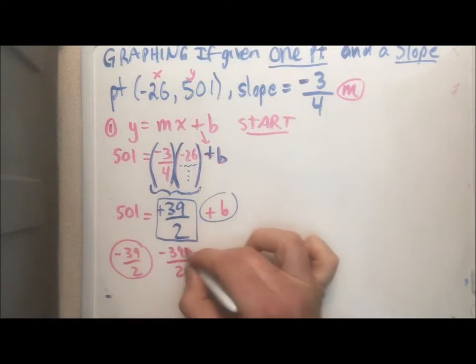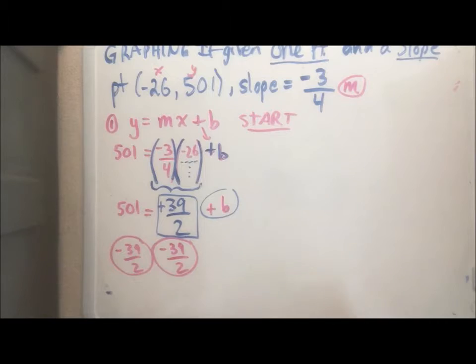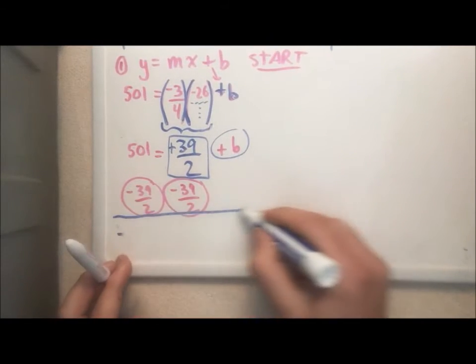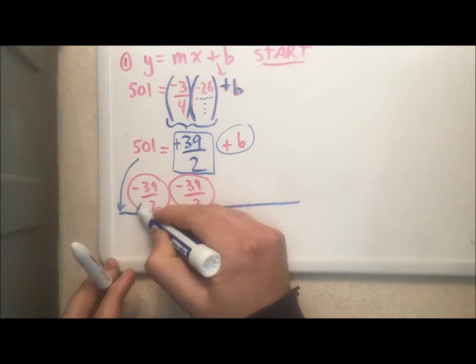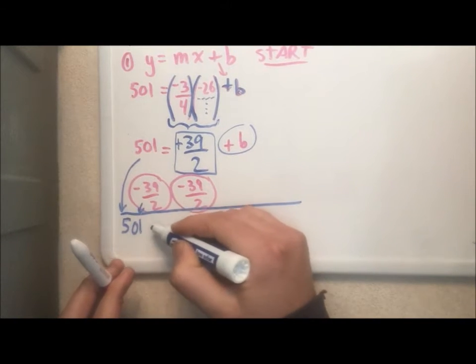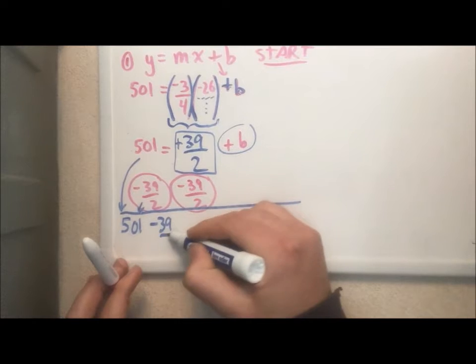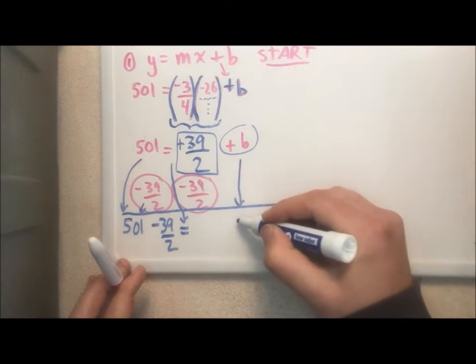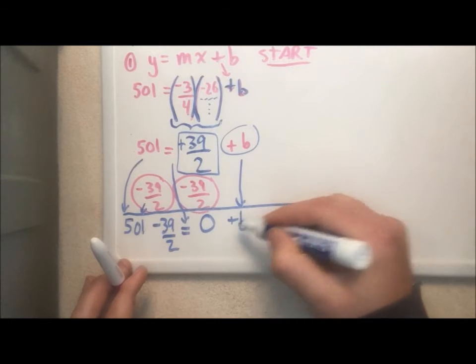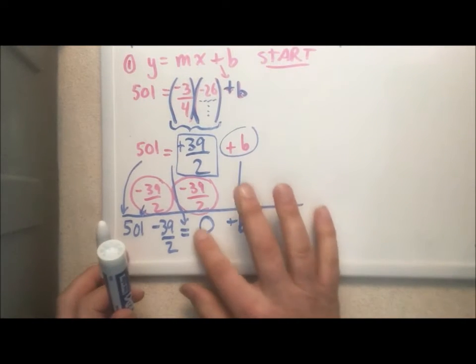I'm doing that to both sides. And then what I have below here, I'm just going to bring things down. No calculation here. 501 minus 39 over 2 equals 0 plus b. Now, of course, I can just ignore this 0, eh?